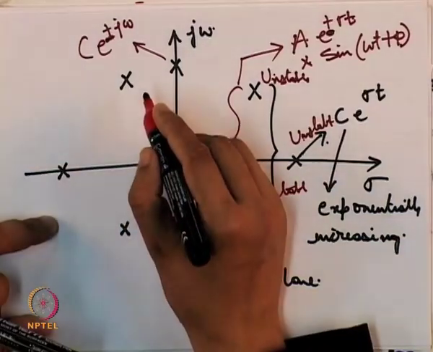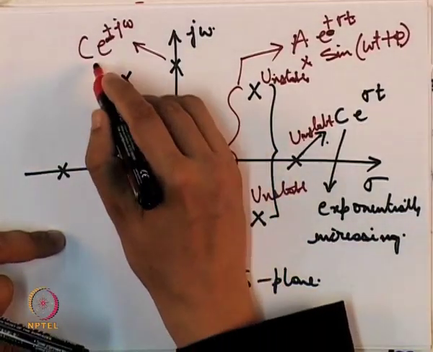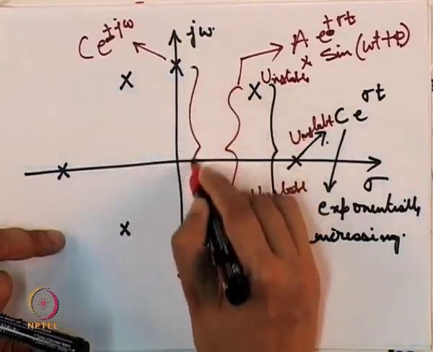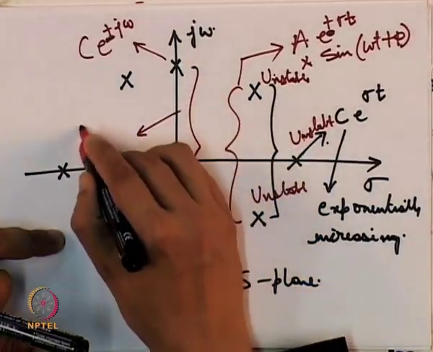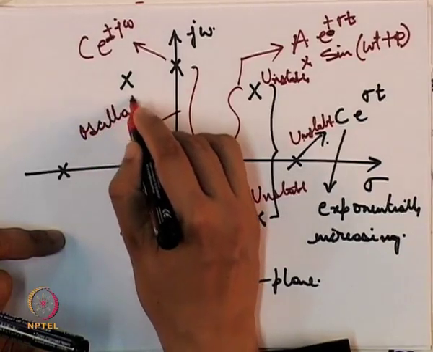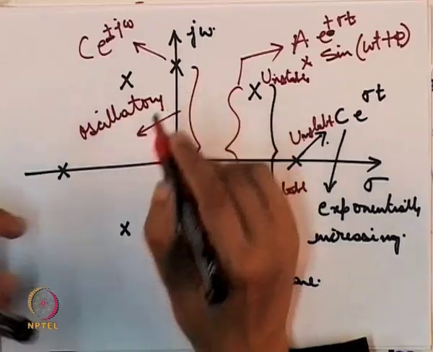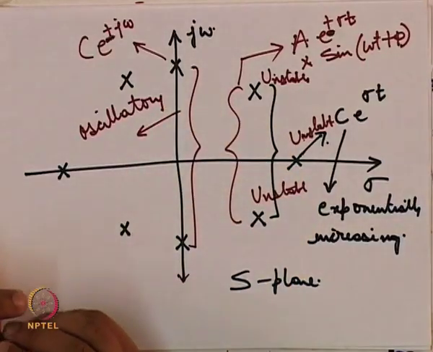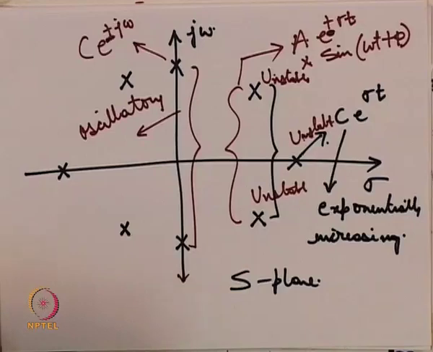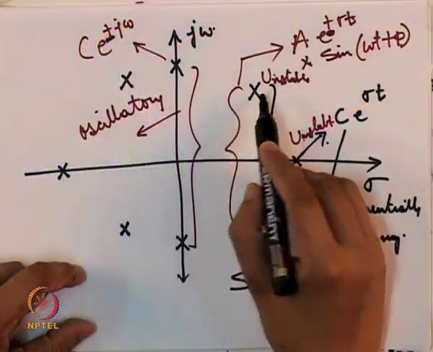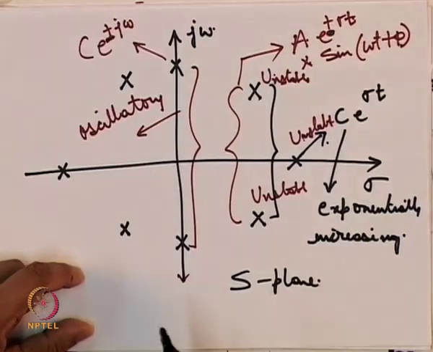This represents what we call an oscillatory system. What it means is that here the output neither increases nor decreases, but simply keeps oscillating. The amplitude remains the same, but does not decrease or increase with time. For this particular case, the amplitude goes on increasing with time.